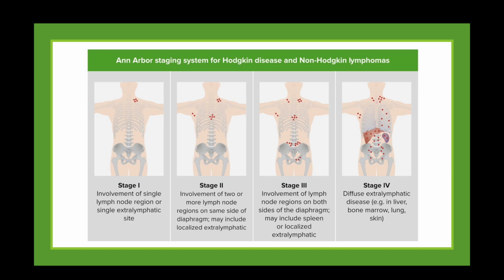If there are multiple lymph node regions that are occupying both sides of the diaphragm, then that is classified as stage 3. Or if you have supradiaphragmatic nodes and splenic involvement, that's stage 3. And then finally, stage 4 is really diffuse extralymphatic disease, so involving something like the liver, the bone marrow, the lung, or the skin. That would make it stage 4.